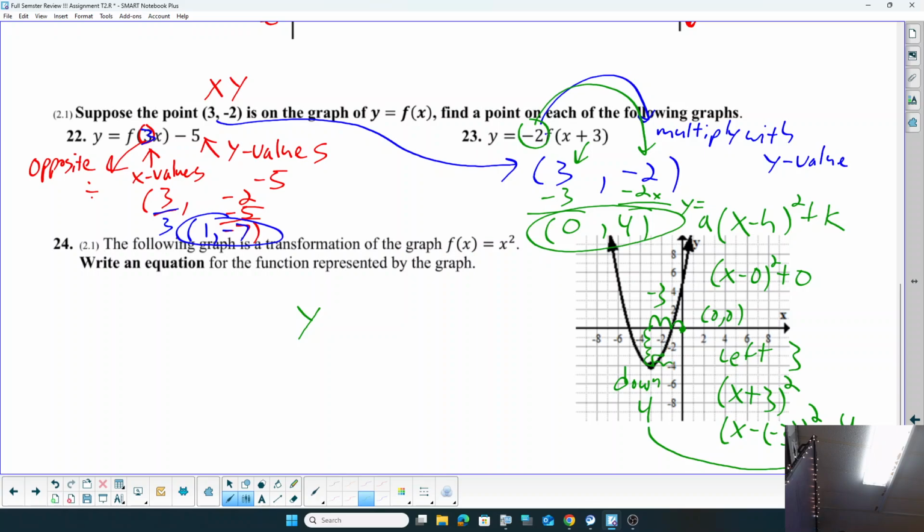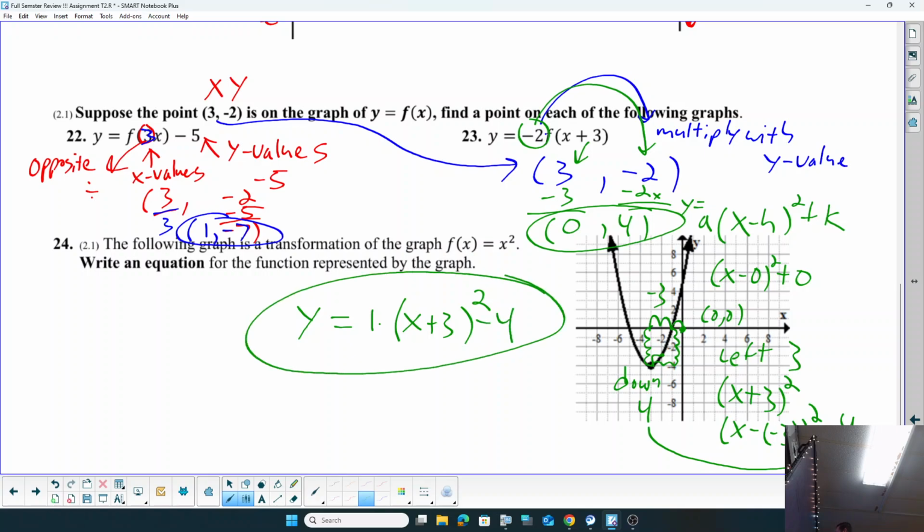Over 1, 2, up 1, 2, 3, 4. Yep, our slope is right, so A is just 1. So it's going to be x minus left. Left is plus, and then minus 4. And there's our answer. Put it all together: left 3, down 4.